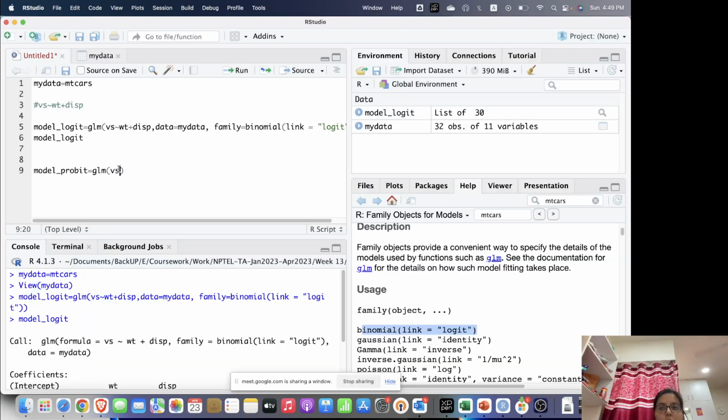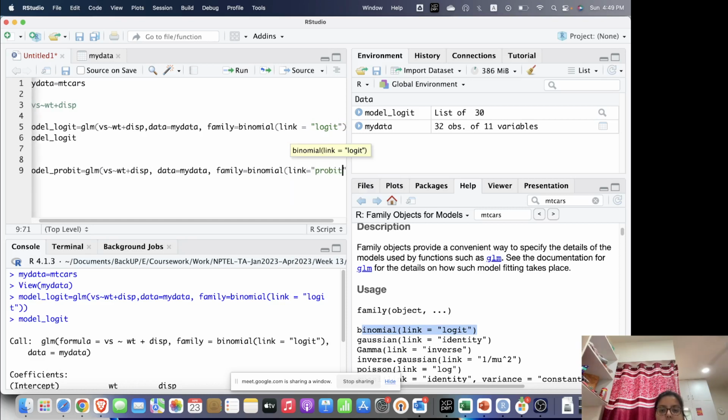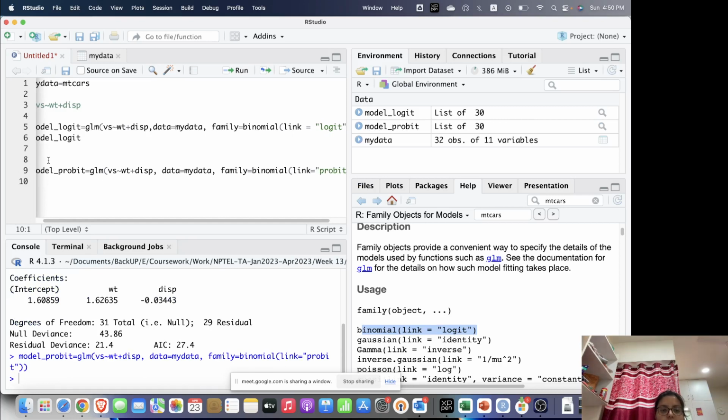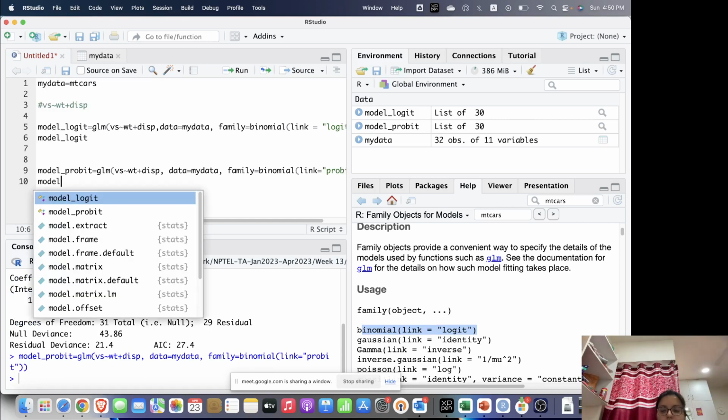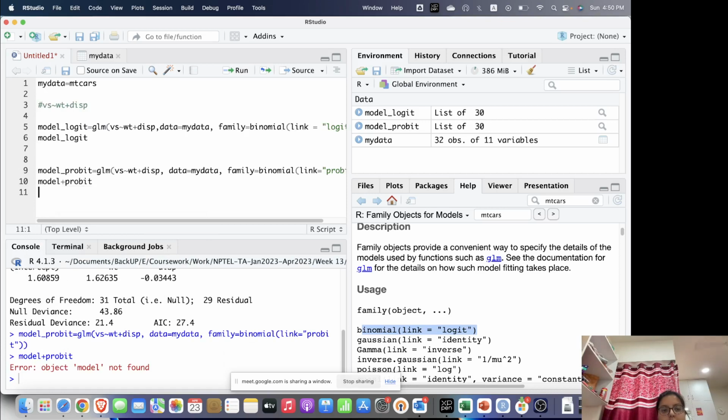If we want a probit model, we would do weight plus displacement, data equal to my data, family equal to binomial, link equal to probit, and then you would get the probit model.